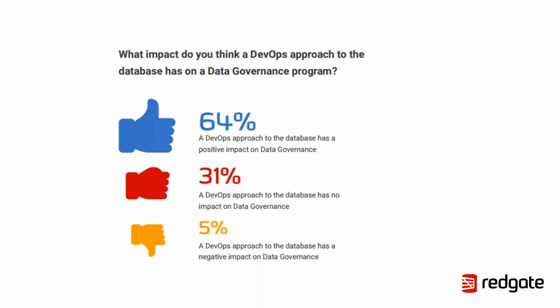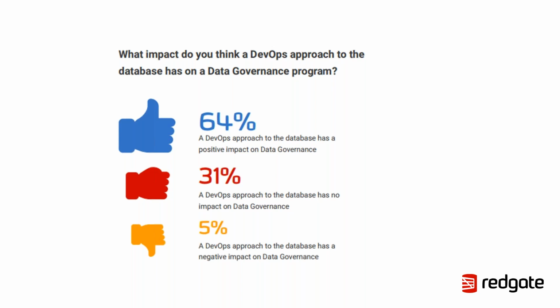However, in the research that we conducted, 64% of respondents said that a DevOps approach to the database had a positive impact on data governance, and only 5% said that it had a negative impact. Now, I think this is likely because alongside that increase in pace and that more frequent delivery, DevOps actually introduces much more managed processes, and the outcomes of those processes are much more predictable.